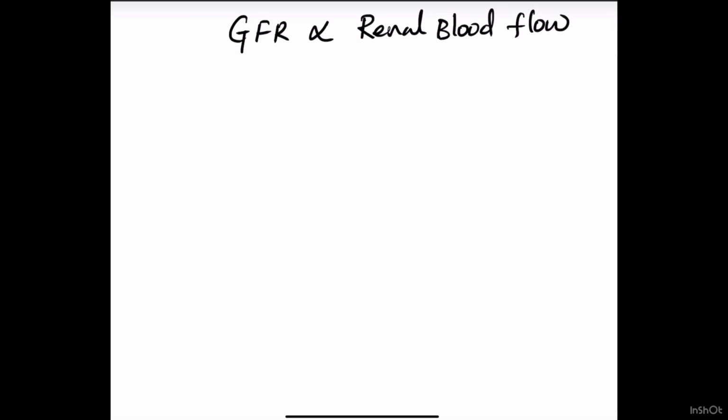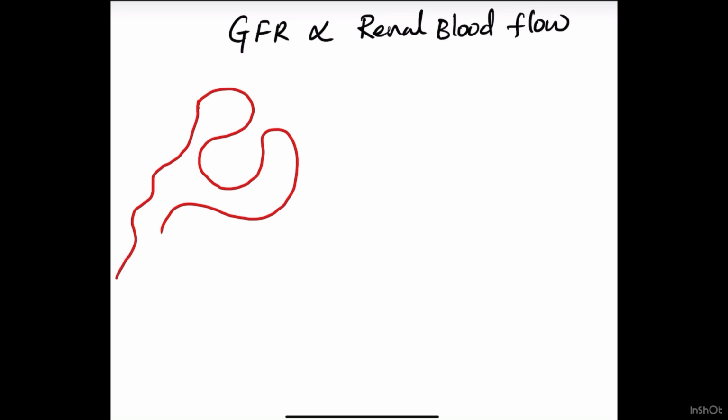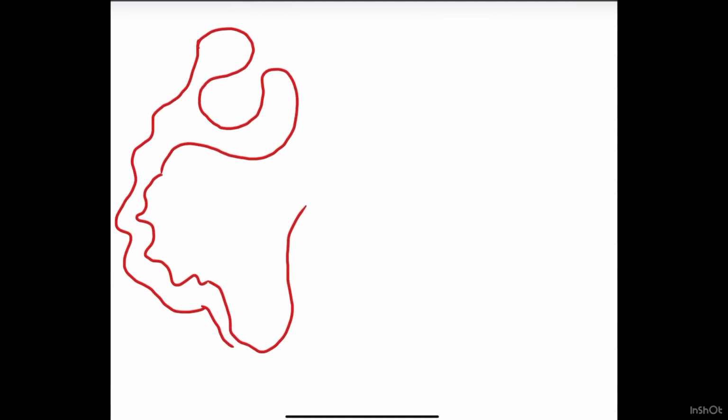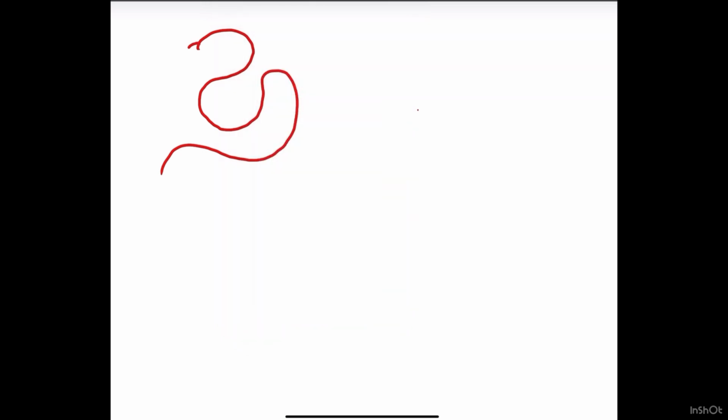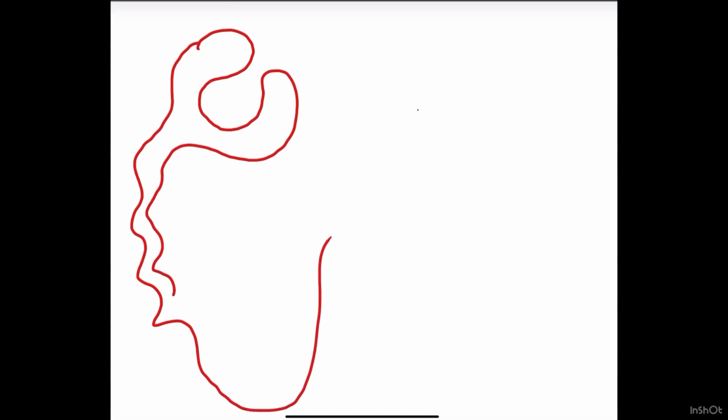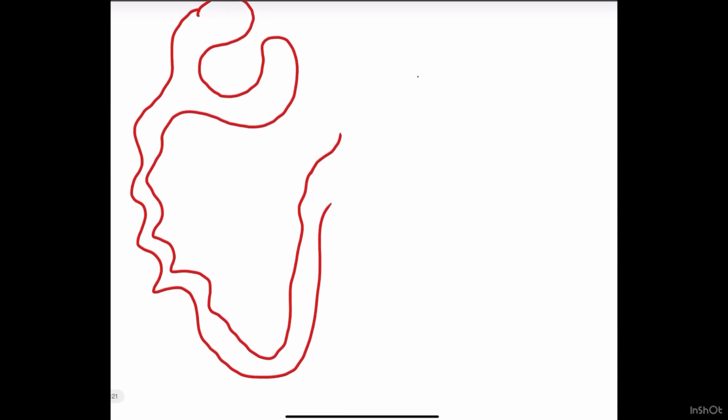Here, first let us go with the juxtaglomerular apparatus. Let us say this is a Bowman's capsule, and this is Henle's loop. I'm just drawing a small one for explanation purposes.